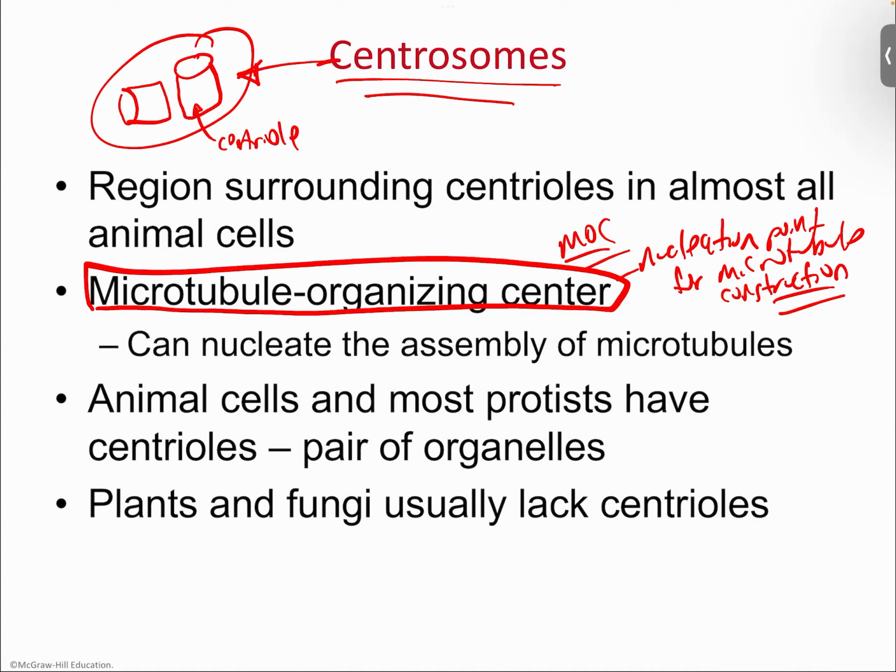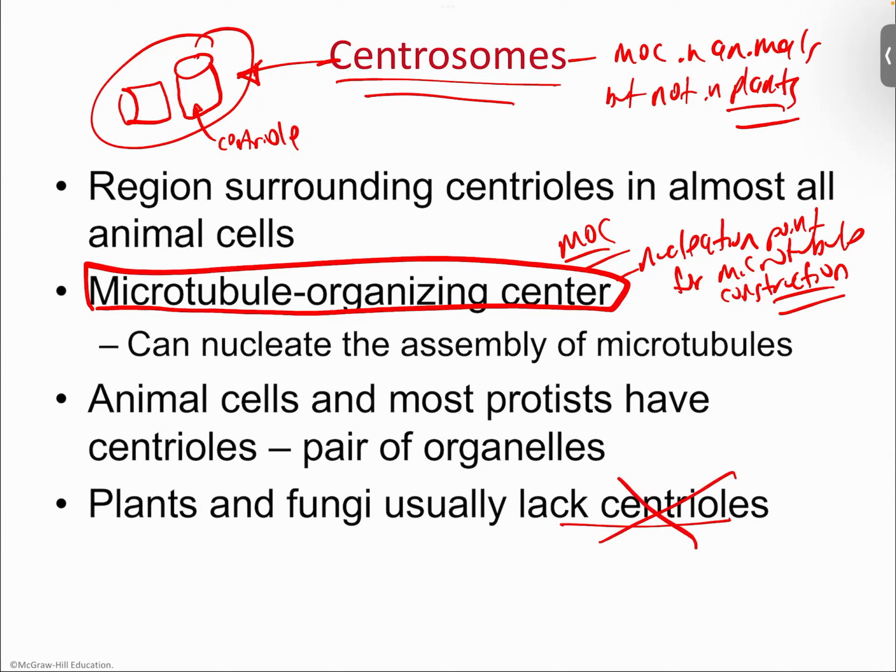Now, these little drums are a set of microtubules that gives you a starting point, a nucleation point, where you can start building your microtubule network. Now, this is the MTOC in animals, but not in plants. In plants, there are no centrioles, but there is an MTOC.